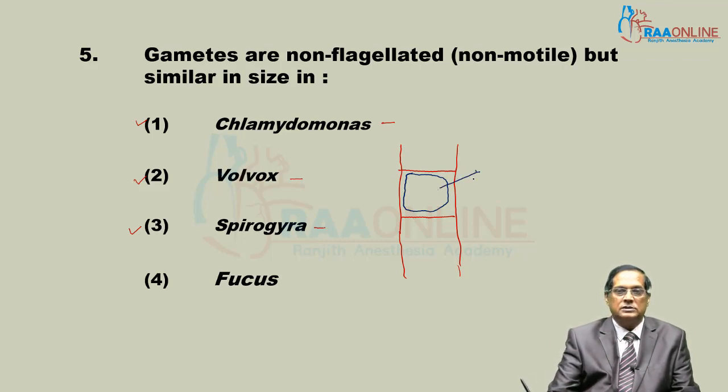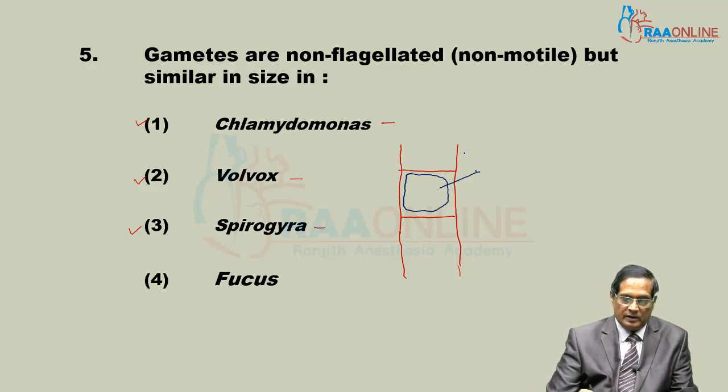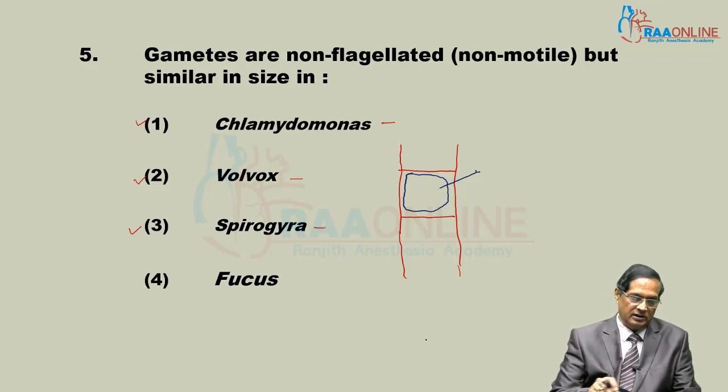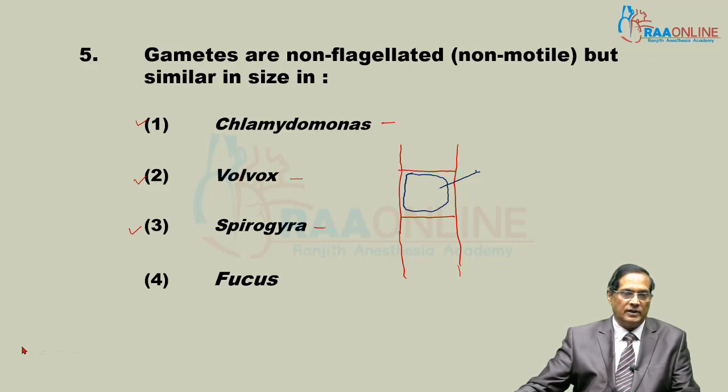This gamete is without any kind of locomotory structure. In Spirogyra, gametes are without locomotory structure. That is, they are non-flagellated.